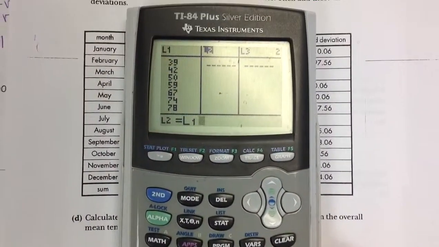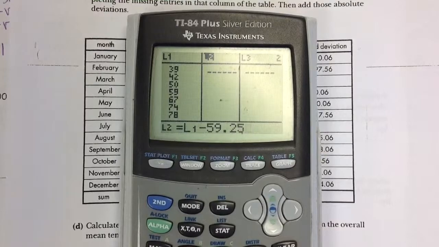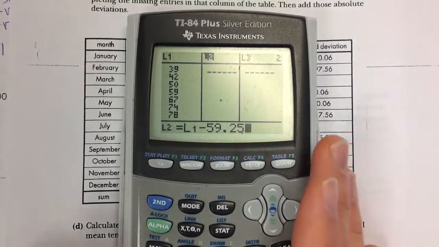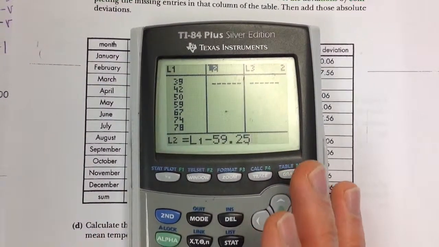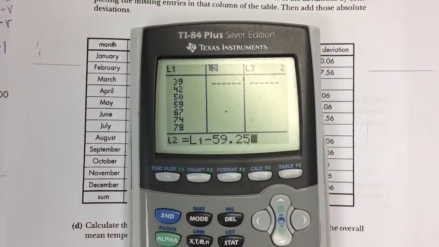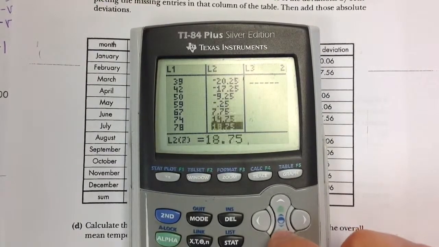That will get you L1. And then do minus 59.25. I want to recreate the column that says deviation from the mean using my calculator. Okay, L1 minus 59.25. Enter. Sweet, right? All your deviations from the mean.